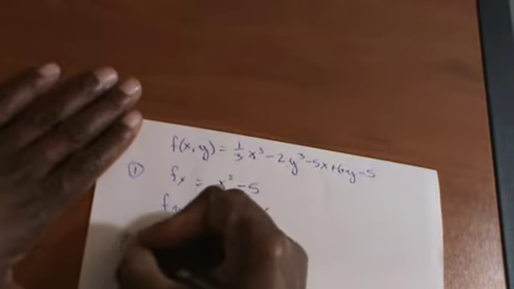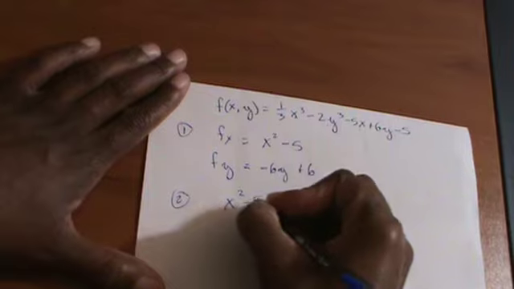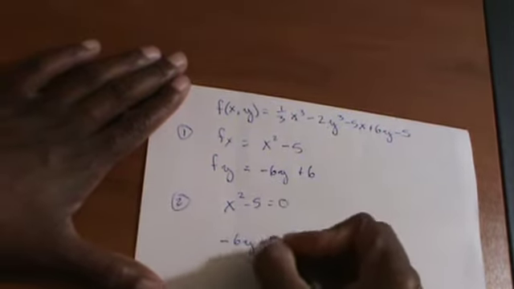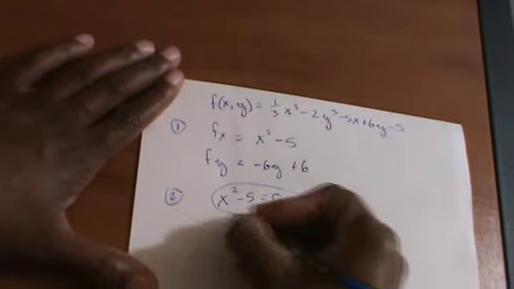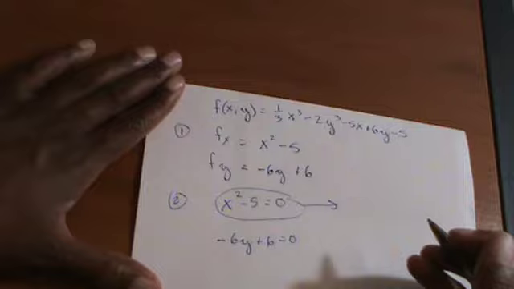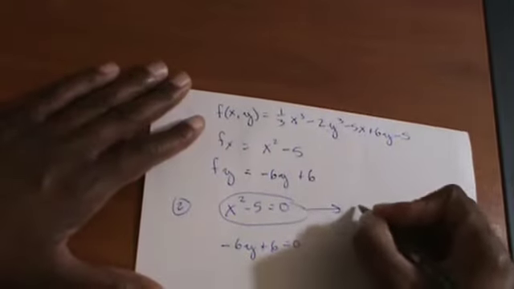So let me do step 2 so that you can see what's occurring. So we have x squared minus 5 equals 0, and we also have -6y plus 6 equals 0. Notice this only has an x. So I'm going to solve for the x. I don't have to figure out how to eliminate one of your variables. That's unnecessary.